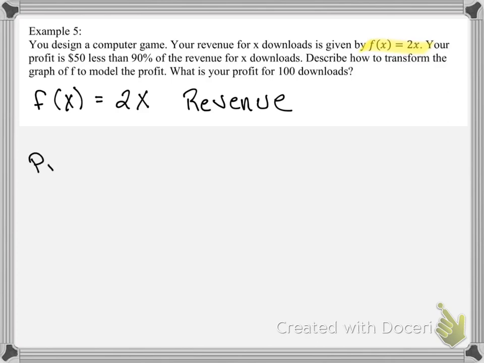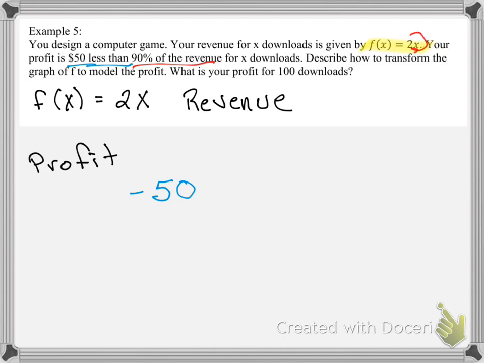So this is my revenue, and they say for my profit, let's write down what we know. For my profit, it's $50 less than. Less than means I'm going to subtract $50. And then for that 90% of the revenue bit, I want 90% of my revenue.